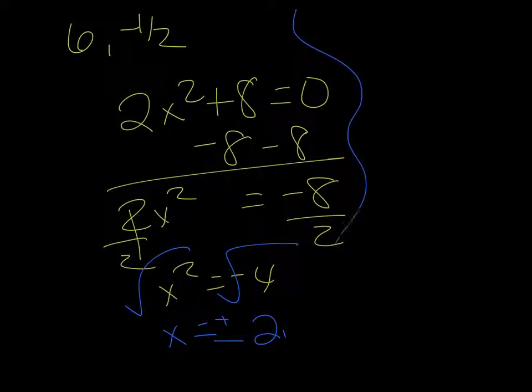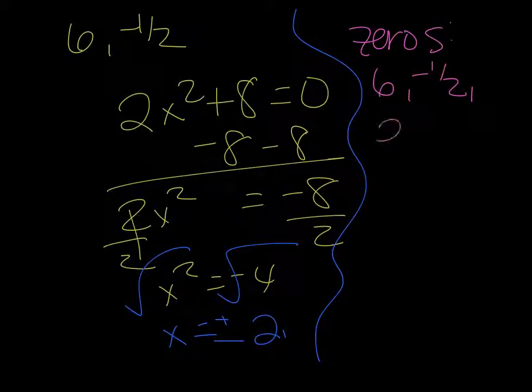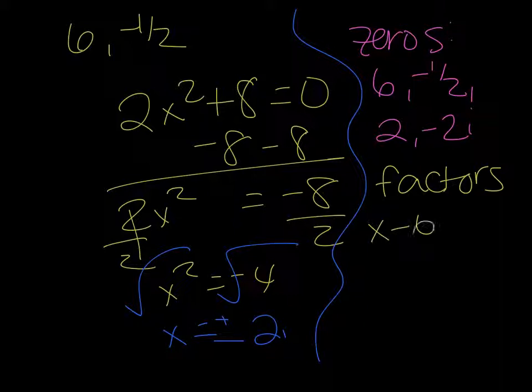So depending on how I ask you this question, if I ask for zeros, you're going to list 6, negative 1/2, 2i, and minus 2i. If I ask for them as factors, you're going to list 6 as x minus 6. Now, you're going to be careful. You're not going to list this as x plus 1/2. You're going to list this as 2x plus 1.